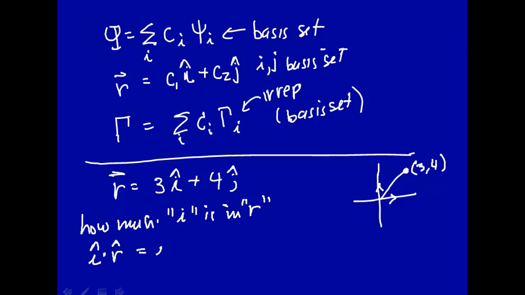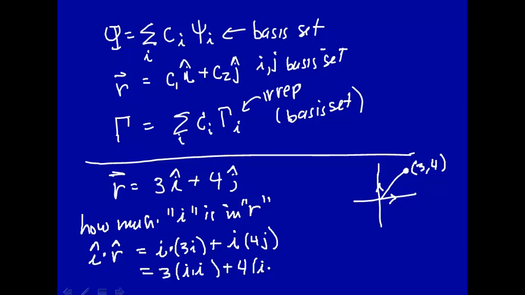What we do then is just take the dot product of I dot R. Because if we do that, that's I dotted into 3I plus I dotted into 4J, and that's equal to 3 times I dotted into I, I'm ignoring all the hats there, plus 4 times I dotted into J. Since I and J are orthogonal, this term is equal to 0.